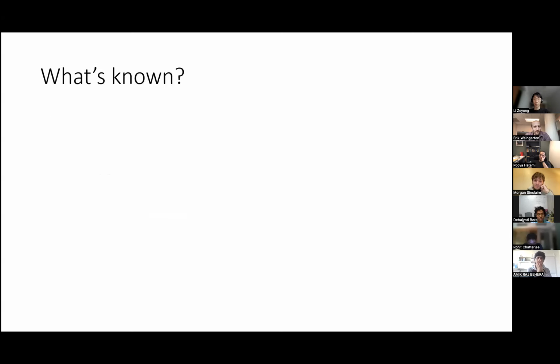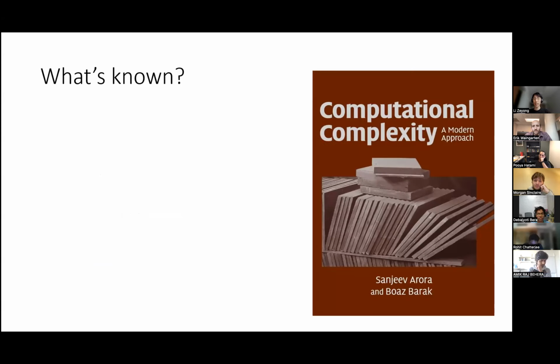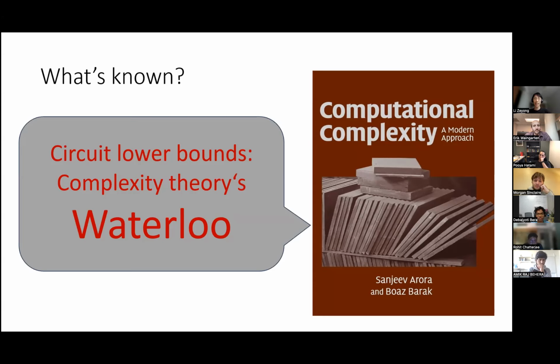Right, so what was known about circuit lower bounds? Since if we can prove strong circuit lower bounds we have good consequences, I would like to bring down the expectation by quoting Arora and Barak, which says that circuit lower bounds were complexity theory's Waterloo, in the sense that we really do not know much about circuit lower bounds. What was known exactly?